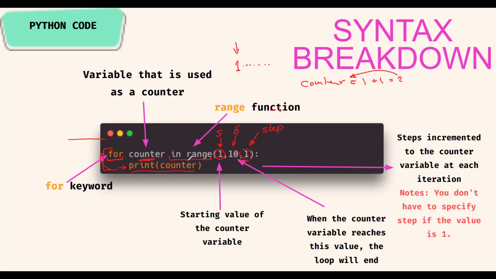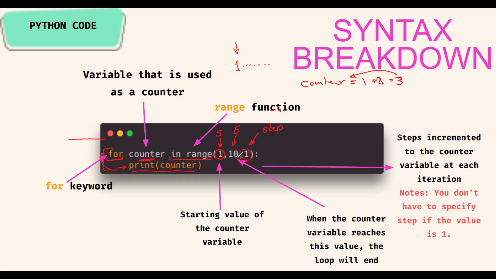If the step were 2, for example, then it would be 1 plus 2 and the counter would be 3, right? Exactly, you're correct. And every time you run, you increment the value by the step. You can put 3 here, you can put 10, whatsoever, it's up to you.